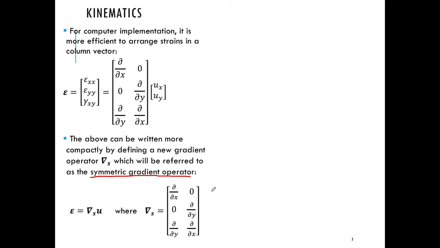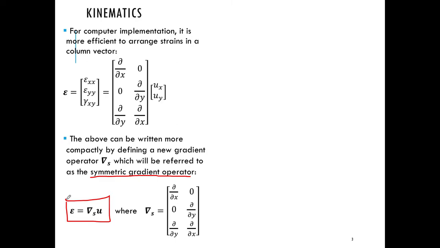Okay, so it is important to note that this del s has these terms within it. You are welcome to expand out this matrix multiplication to check that we are getting the same equations for each of our strain terms as in our last slide. Okay, right. So this is basically giving us our strain displacement relationship.